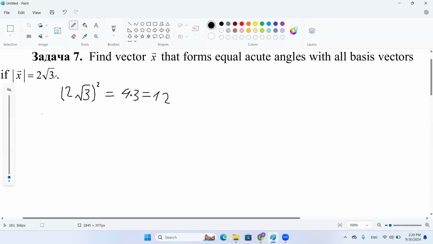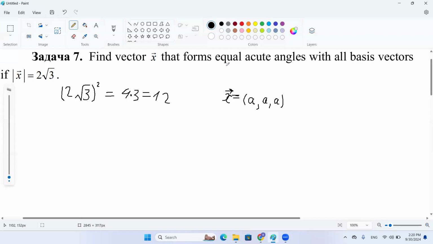Okay, but also if the angles are equal, it means that x has the same coordinates. Do you agree?